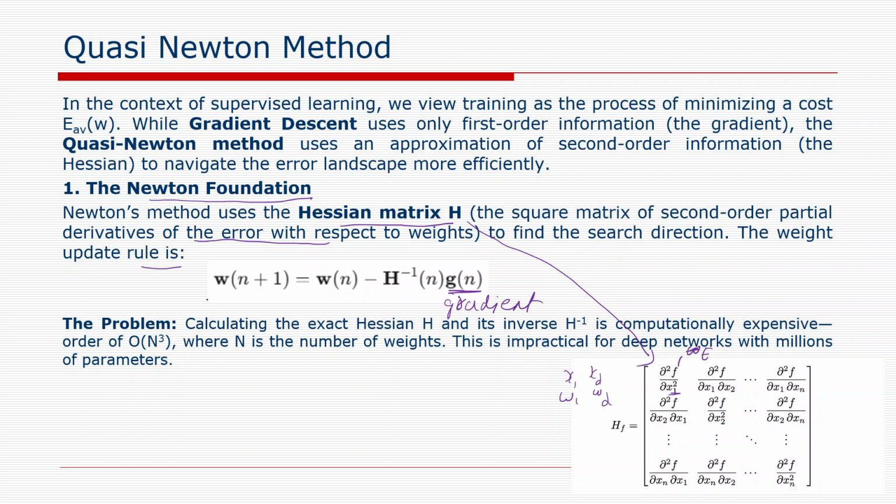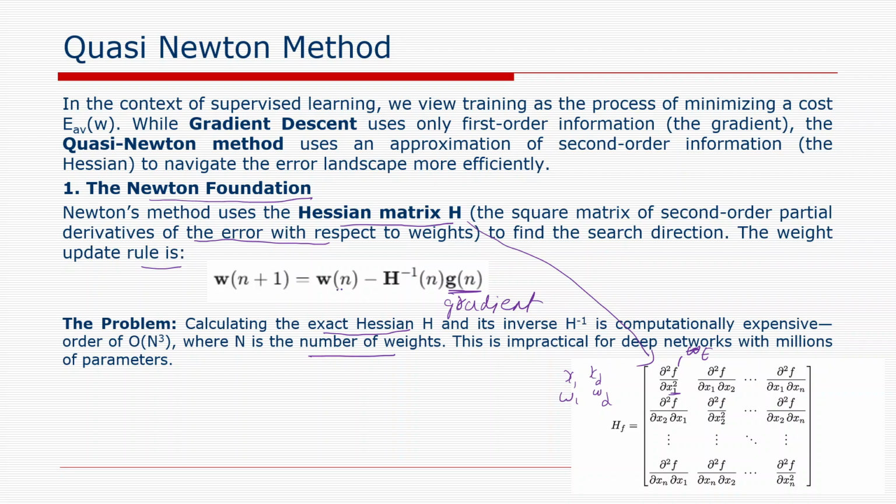But what is the problem with this Newton method? Calculating the exact Hessian matrix H and its inverse is computationally expensive, because it comes to around big O of n cubed, where n is the number of weights we have to optimize.